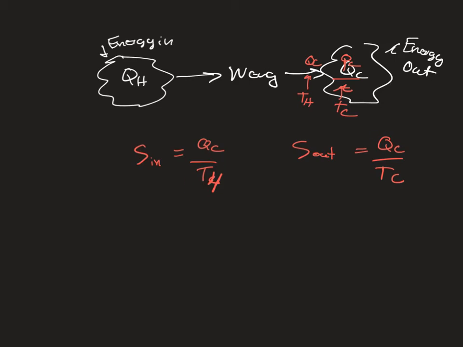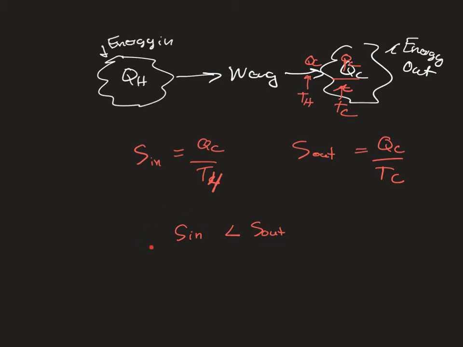So we have to focus in on the temperatures, and the temperature's in the denominator. So if you're dividing by a bigger number, you get a smaller number. So this number is bigger than this one, so you're going to get a smaller entropy here. So the entropy inside the engine is less than the entropy outside of the engine.